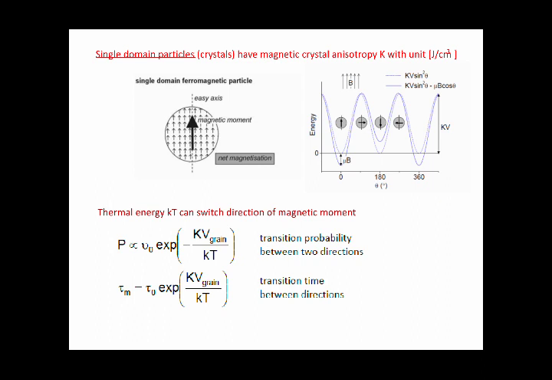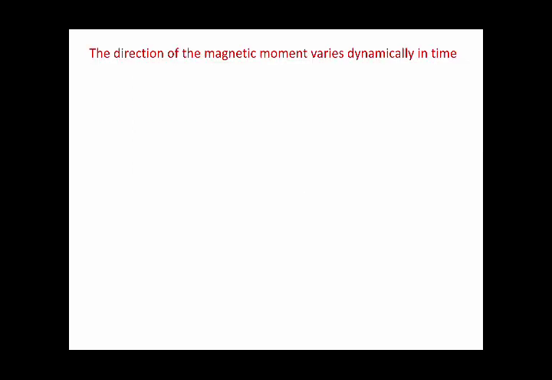Now thermal energy for switching these magnetic properties is also important. So we calculate it using the transition probability between 2 directions, and the time it takes to spin from north to south pole and then again to north pole. So we create a balance between kV and kT, so that the average time of magnetization is reduced.